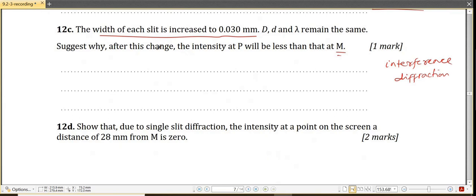That's why they are asking this question. The intensity at P will be less than at M. Previously the pattern was all of the same height. Now, when the slit width increases, the pattern will get modulated.